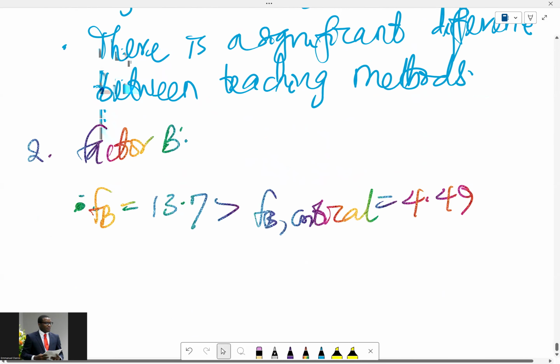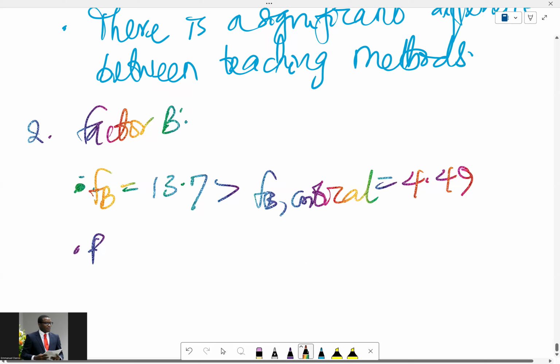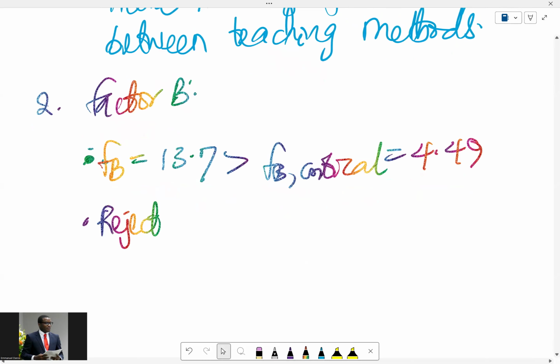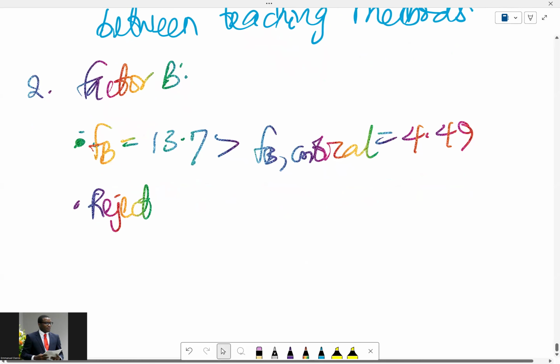Same thing, we reject the null hypothesis. The null hypothesis will be something like there's no difference between the teaching methods, there's no difference between the class types, and there's no significant interaction. Those are the three null hypotheses, so to speak, and the alternative will just counter all of that.